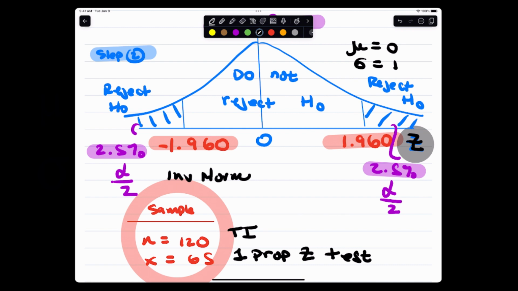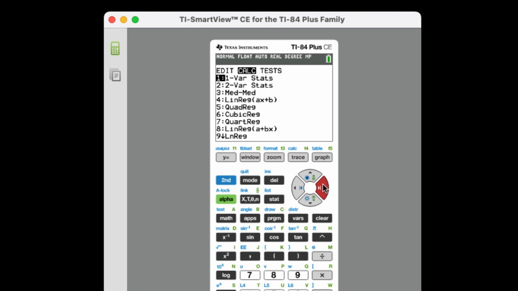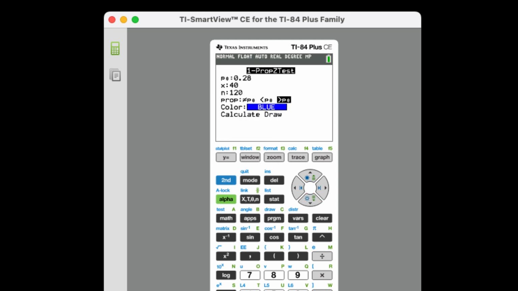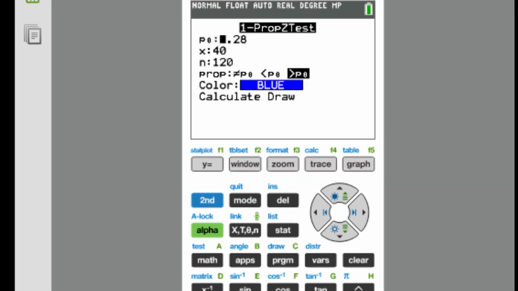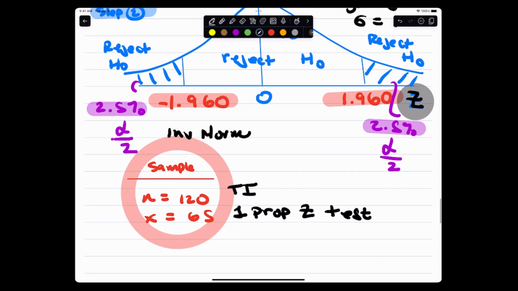So in that TI, here's the deal. We already got this. You're going to go now to stat, test. I'm going to show you in your notes. You have it in your notes. Stat, test. You're going to go to 1 proportion Z test. What number is that? 5. 1 proportion Z test. Take a closer look. I'm putting this in our lecture notes so you are aware.